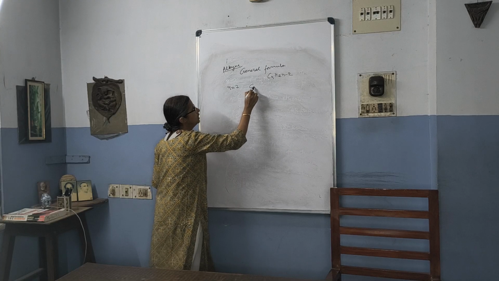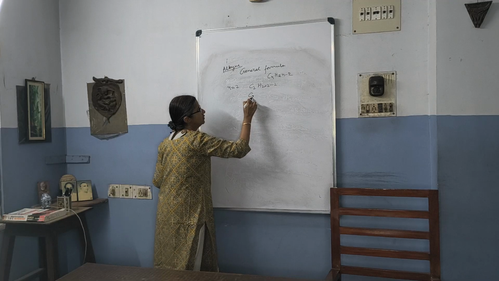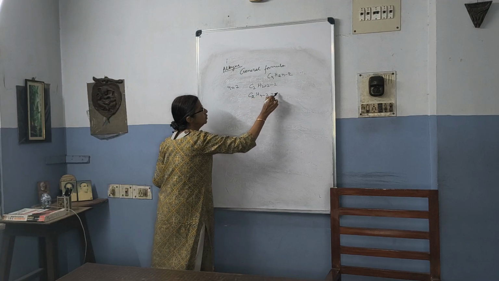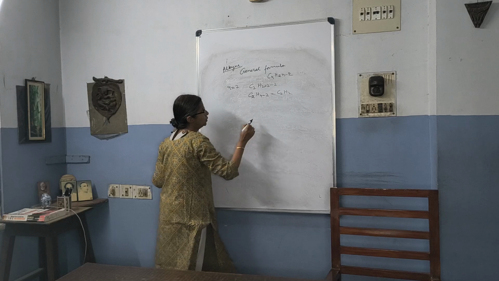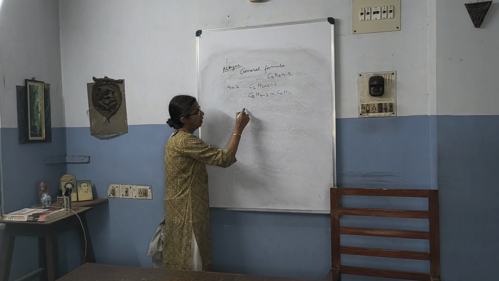So it is C2H(2 into 2 minus 2), that is C2H4 minus 2, that is C2H2.